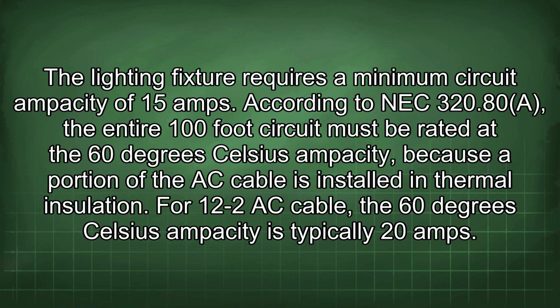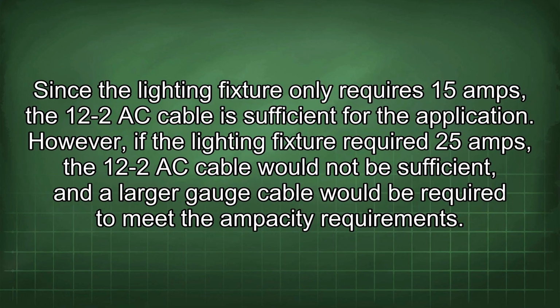According to NEC 320.80(A), the entire 100-foot circuit must be rated at the 60 degrees Celsius ampacity because a portion of the AC cable is installed in thermal insulation. For 12-2 AC cable, the 60 degrees Celsius ampacity is typically 20 amps. Since the lighting fixture only requires 15 amps, the 12-2 AC cable is sufficient for the application.